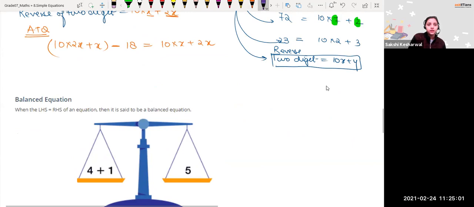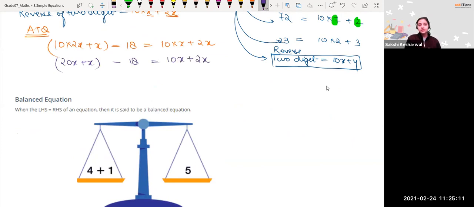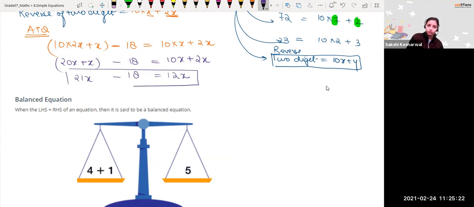This 10 into 2x will be 20x plus x, right? Now minus 18 is equal to 10 into x, which is 10x plus 2x, right? So 20x plus x are like terms, so you will be adding them up. So this is 21x minus 18 is equal to 10x plus 2x, which is 12x. This is your required equation, right?